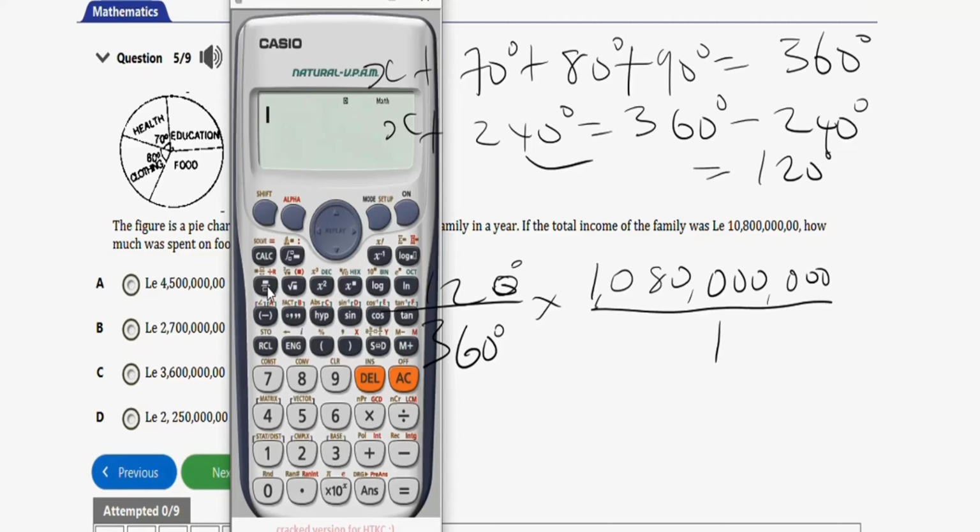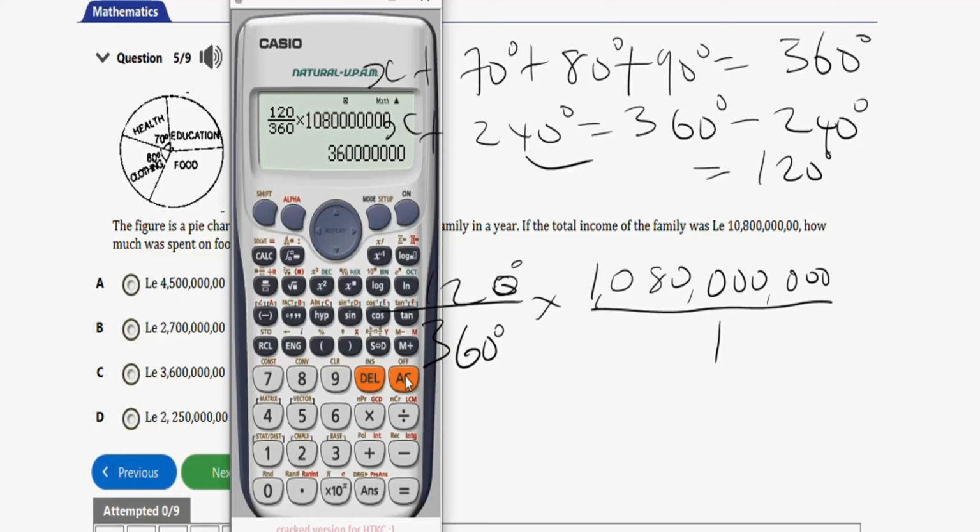So we have 120 over 360 times 1,080,000,000. Okay, so this is basically what you're going to have. Let's press equal to. So we have it to be what? 360 million, right? Answer is option C.